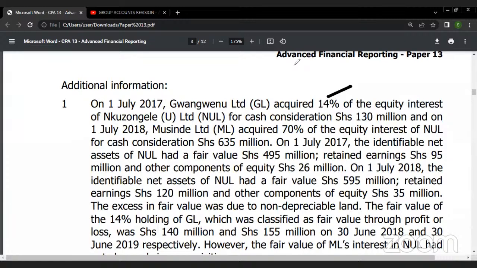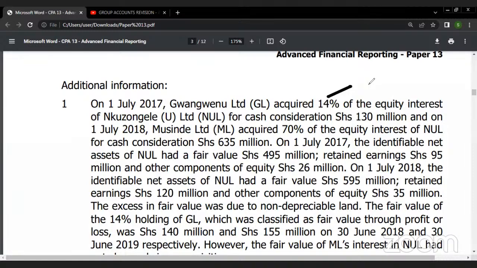Now, one thing you need to know is that at an acquisition of 14%, the parent company has no control. Here there is no control, and you may also find that the parent company has no significant influence. So an investment with a shareholding of 14% is likely not to be a subsidiary, and also not an associate.